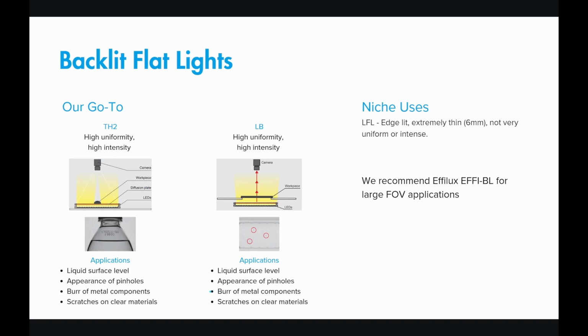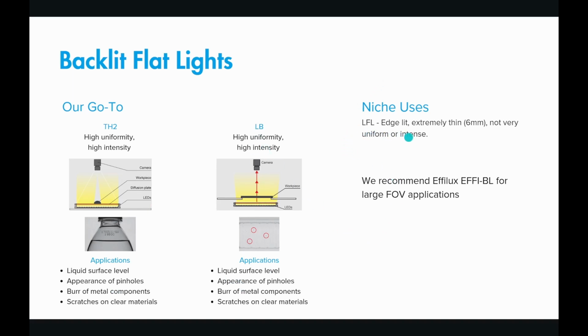Applications for backlights are liquid surface level, appearance of pinholes, scratches on clear metals, burr of metal components, stuff like that. The LB is also a good go-to. The difference between these two is a little bit of thickness, but mostly the shape that they come in. They have the same applications because they're very similar lights in terms of backlight shining up into a diffuse plate going up into the camera.